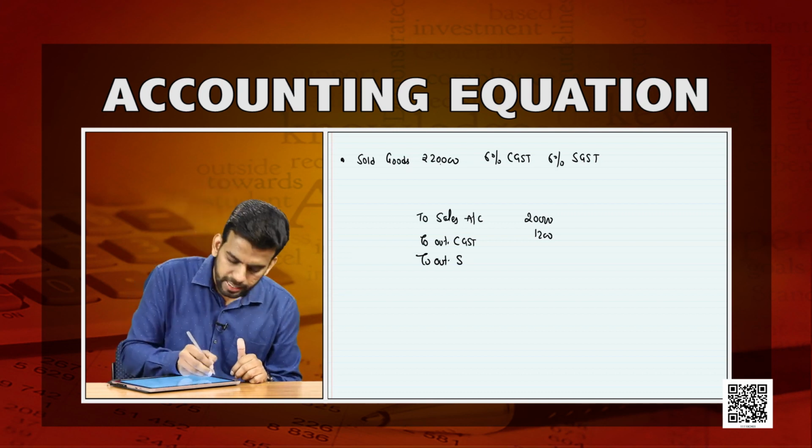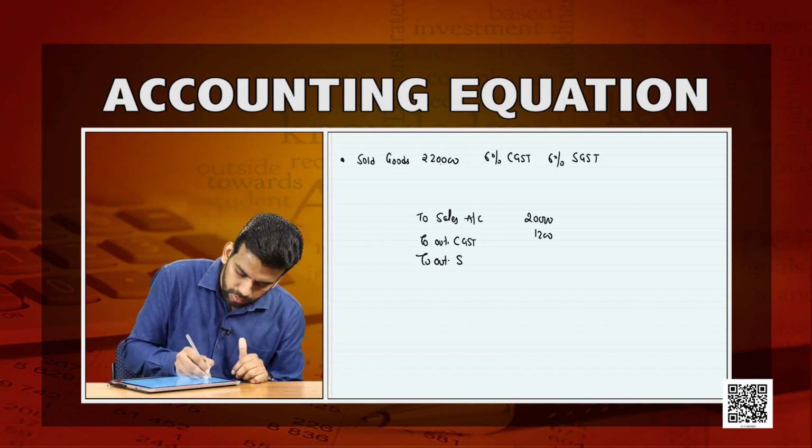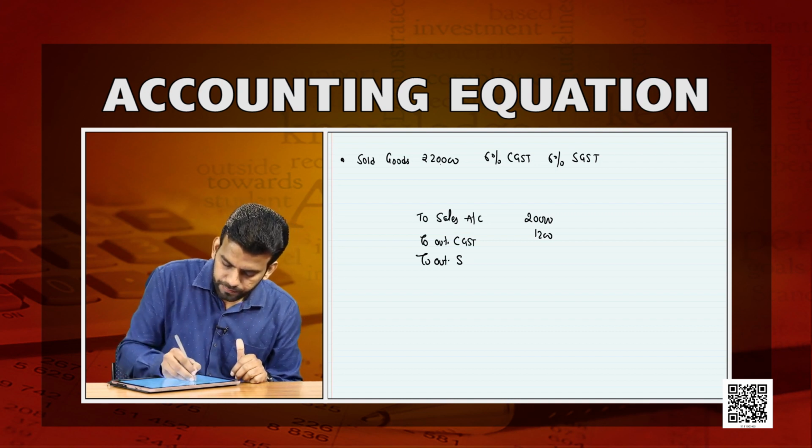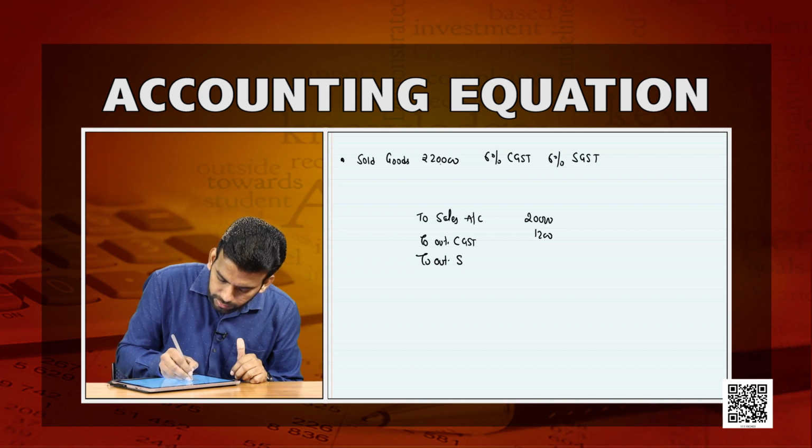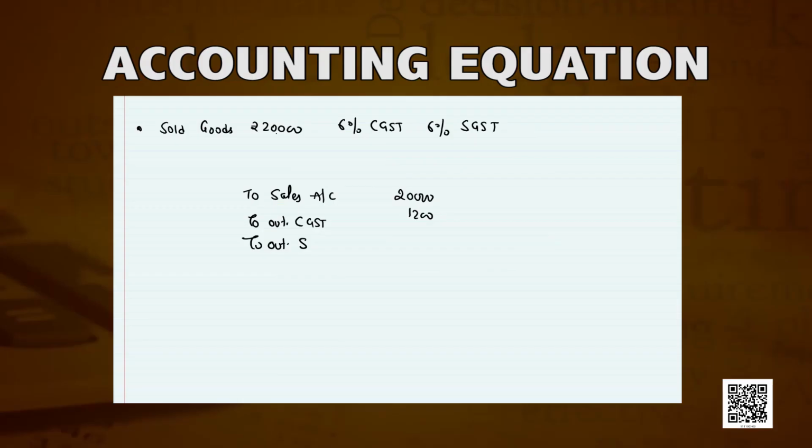And combinedly, cash account is debited by the amount 22,400. This is what we do for journal entries of GST while buying goods and while selling goods.